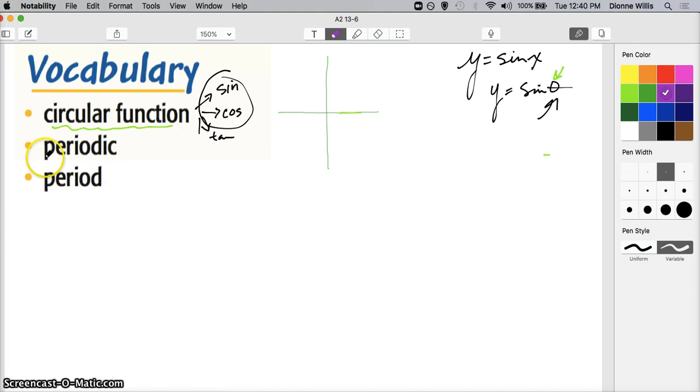The next point I want to talk about is the idea of a periodic function. Periodic means that the values are going to change, but then they're always going to come back. Literally, this is a periodic function.